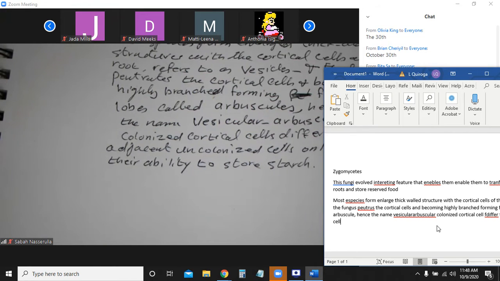As they go inside the root, they also go inside the cell. So these fungi have hyphae that are usually non-septate, and they spread through the soil and enter living roots.